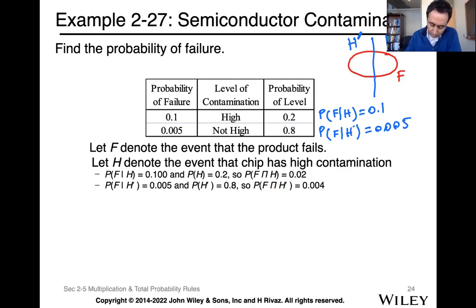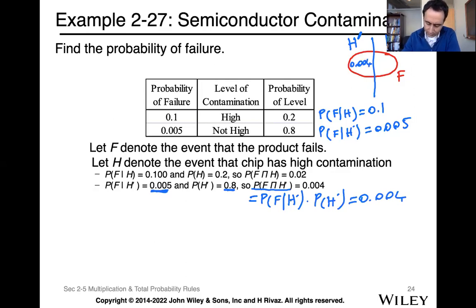Here I will use the multiplication rule. So probability of failure and H prime is equal to probability of failure given H prime times probability of H prime. And that is basically 0.005 times 0.8. And the answer is 0.004, right?